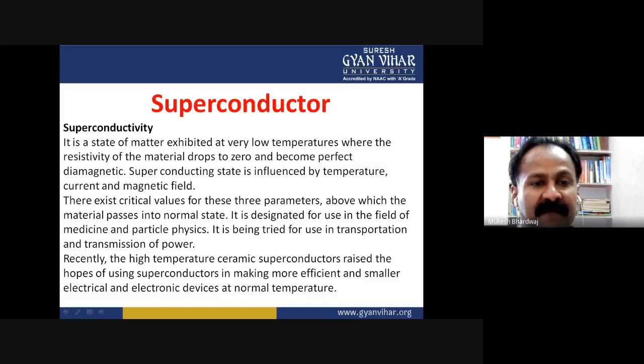Superconductivity is a state of matter exhibited at a very low temperature where the resistivity of the material drops to zero and it becomes perfect diamagnetic.